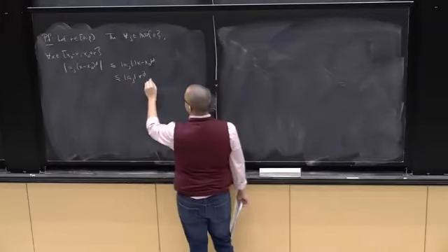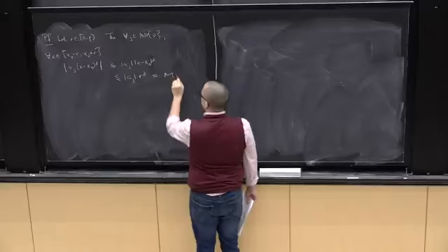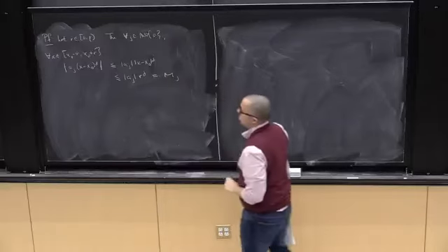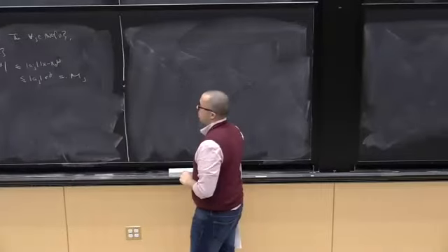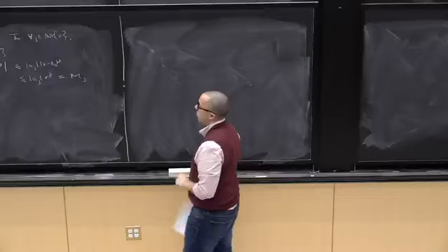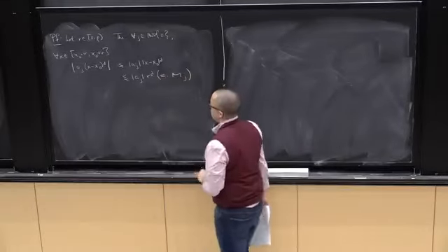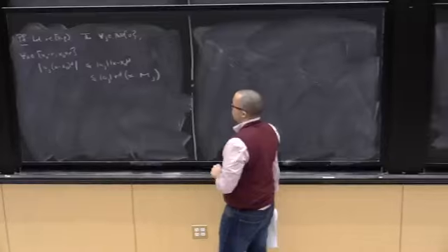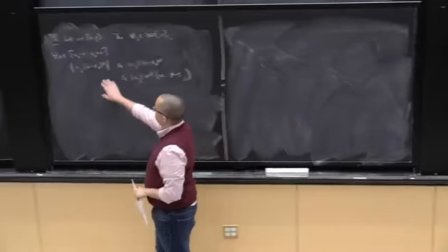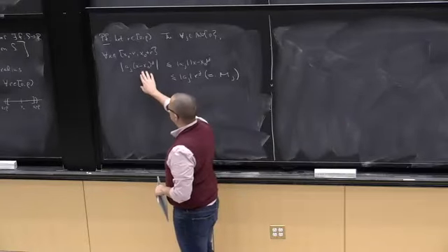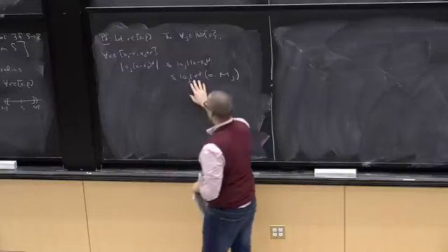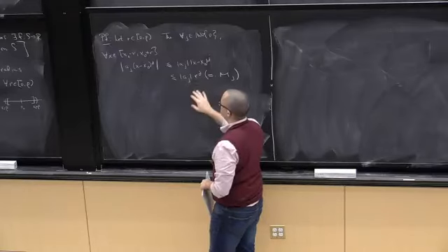So this will be my mj that I'll use for the Weierstrass M test. Okay? Let me put that in parentheses because I may not use that mj. All right? So these individual functions, just polynomials, are bounded by this number for each j.